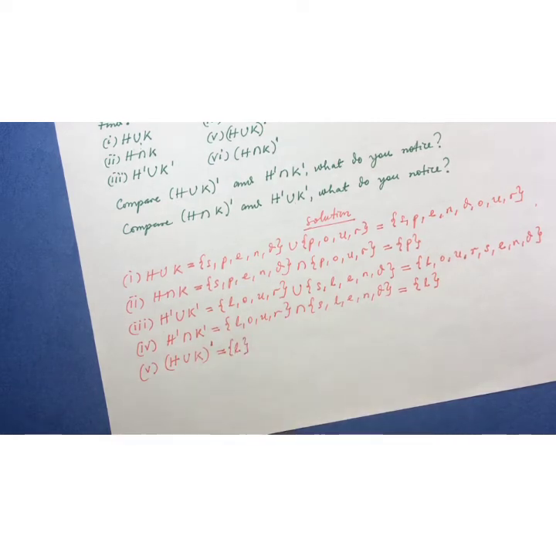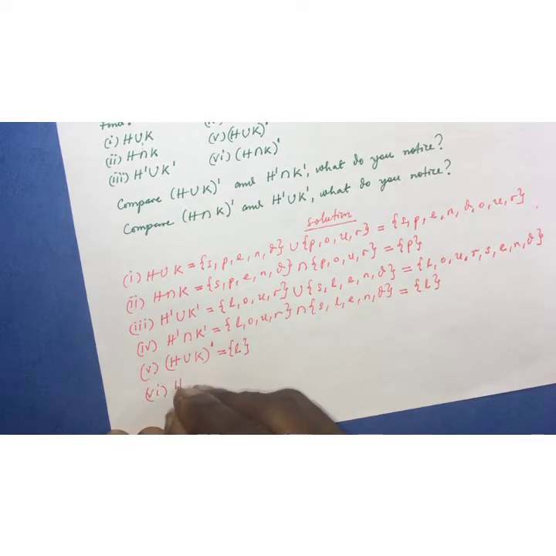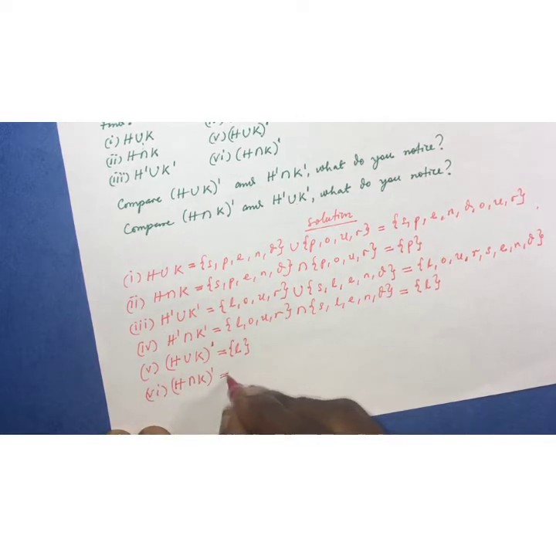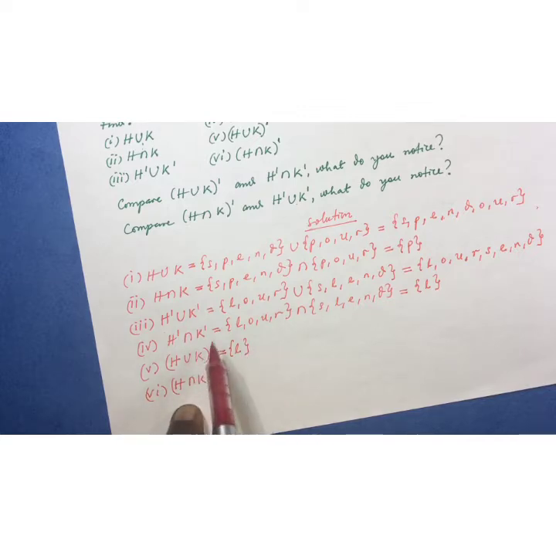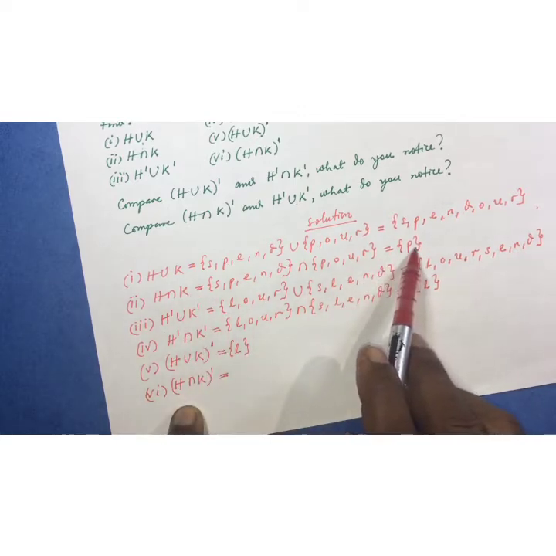Okay, now let's go to VI, which is the last question here. It demands H intersection K complement. Now H intersection K gave us P alone as a singleton.